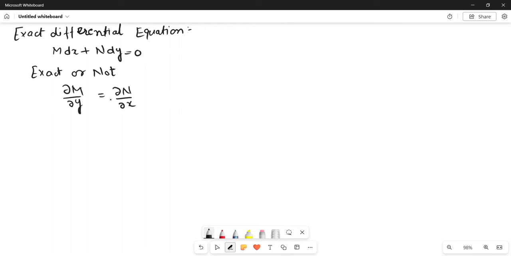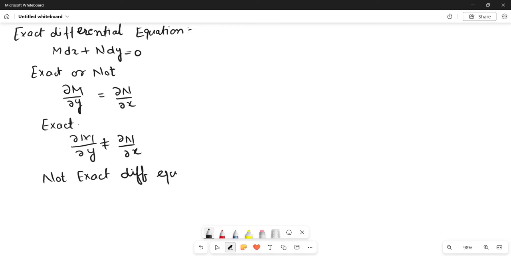If these two are the same, then we will say that the equation is an exact differential equation. If del M by del y is not equal to del N by del x, then we will say that it is not an exact differential equation.